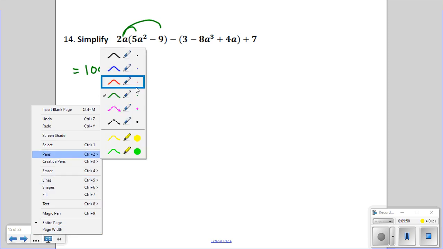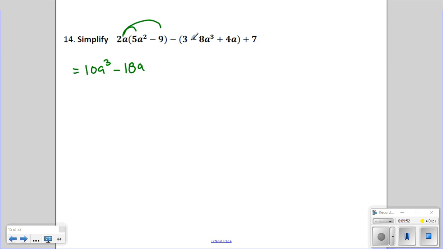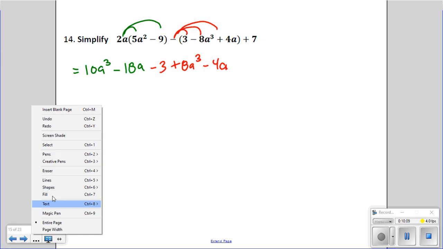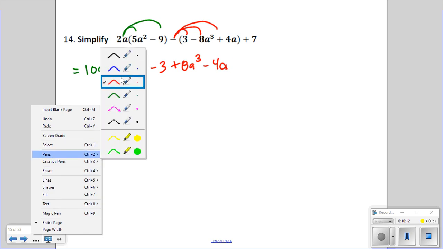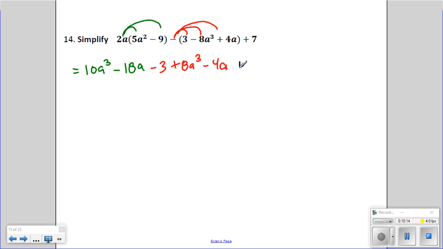Then I see a subtraction sign in between before the next parentheses, so distribute that as well. So that's going to be a negative 3, a positive 8a cubed, and a negative 4a. And then bring down plus 7.